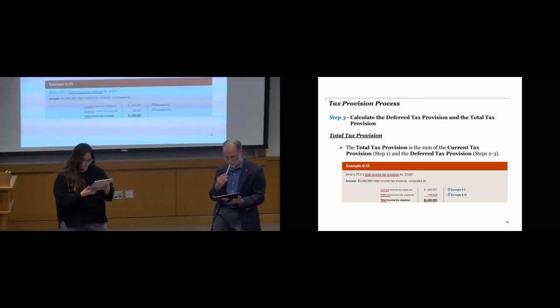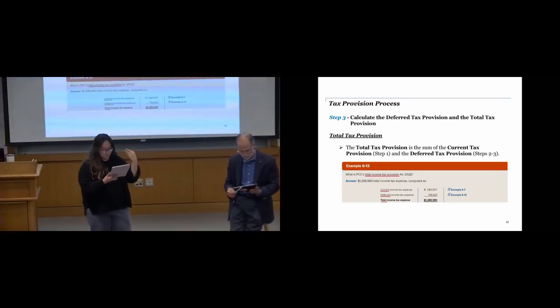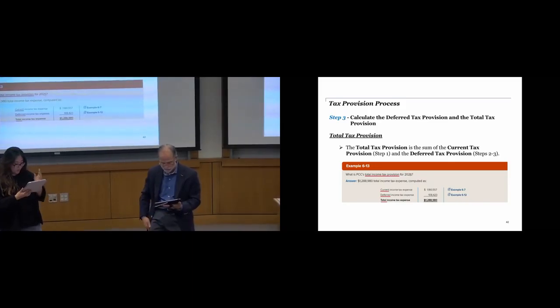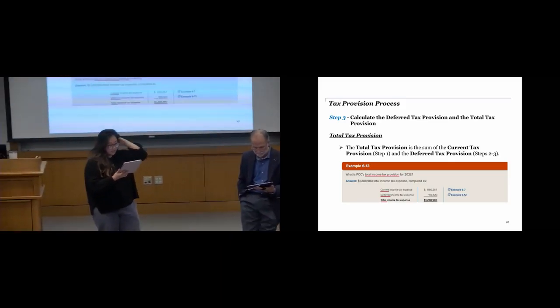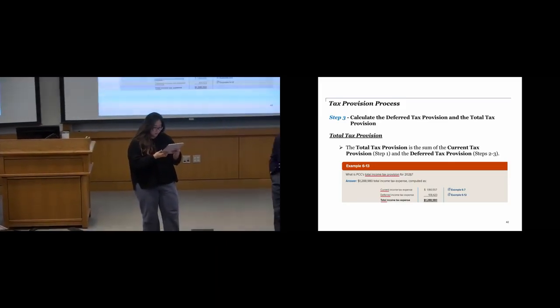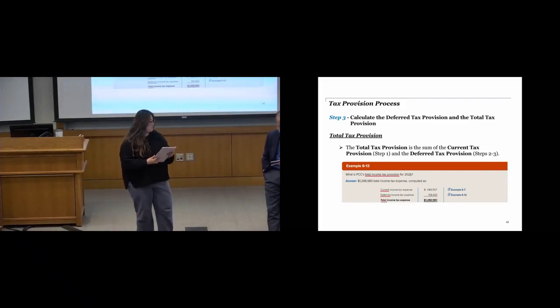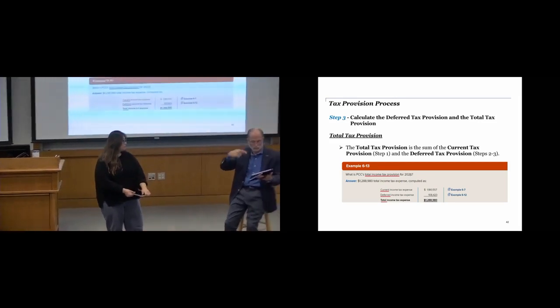And then the deferred income tax expense was $108,423, which leads to the total income tax expense of $1,288,980. And so that 108 is from Megan's example, which was the change in my net DTL at the end of the day. We'll do the journal entries in a moment.